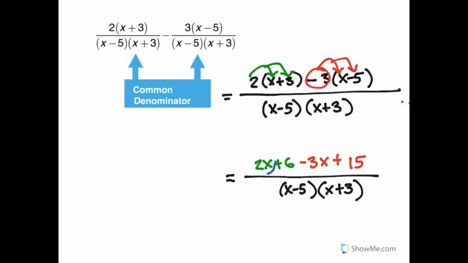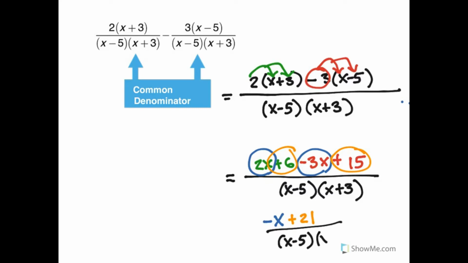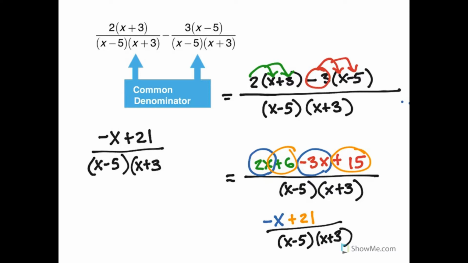Now I'll find my like terms. 2x minus 3x gives me a negative x, and plus 6 and plus 15 gives me plus 21. Now that's still over this common denominator, x minus 5 times x plus 3. So the final result is negative x plus 21 over x minus 5 times x plus 3.